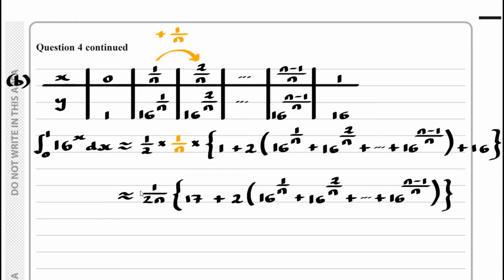So if I simplify this, we end up with 1 over 2n multiplied by, now here we've got the 1 plus 16, which is 17, and then I add 2 lots of 16 to the 1 over n plus 16 to the 2 over n plus terms up until 16 to the n minus 1 over n.